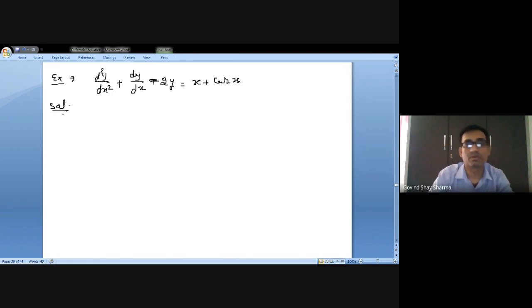Solution. First, we find out the CF. So here we make the auxiliary equation.